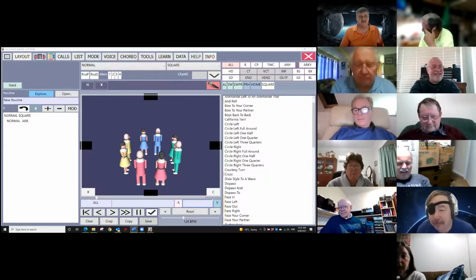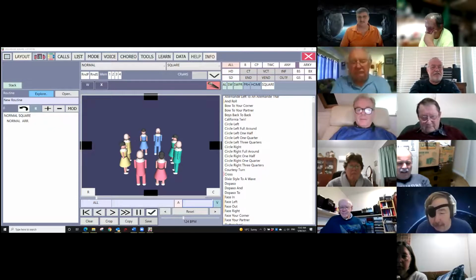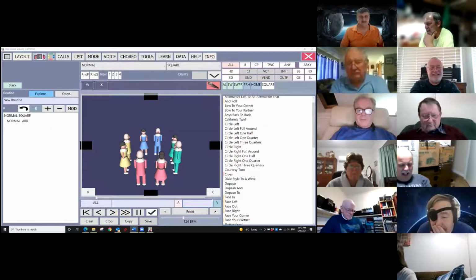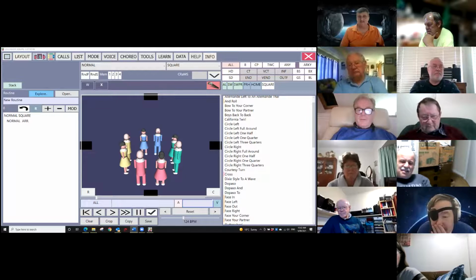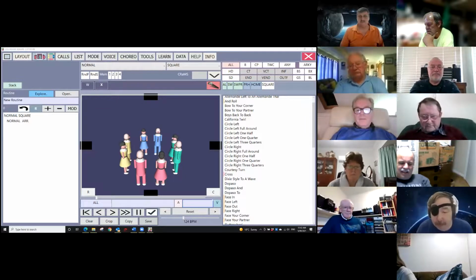We didn't talk about pass through and bend the line versus pass through and cast off three-quarters. That's a topic we can cover. Another one: we didn't talk about right and left through versus pass through and wheel around, and the expectations of body flow.